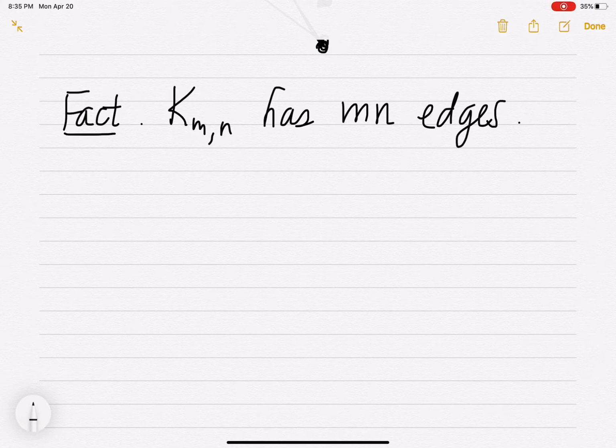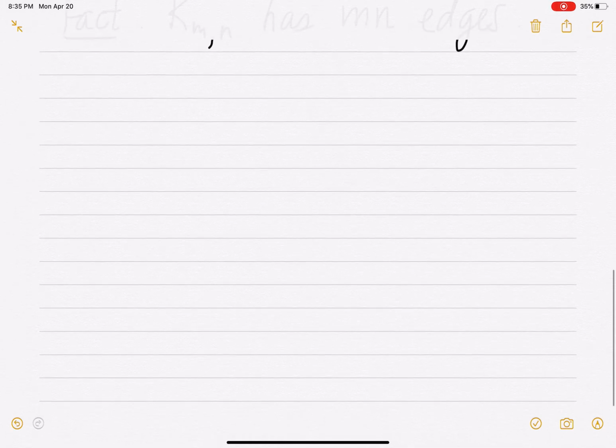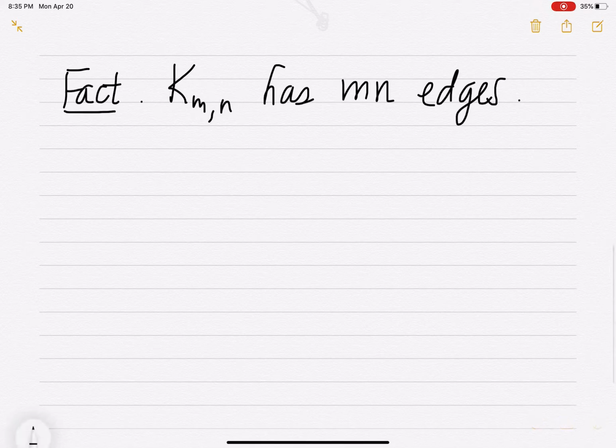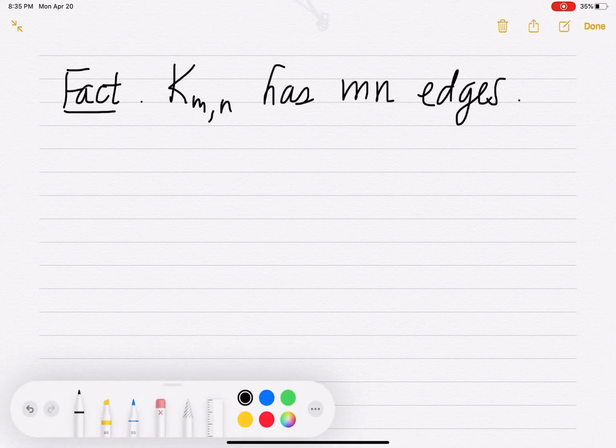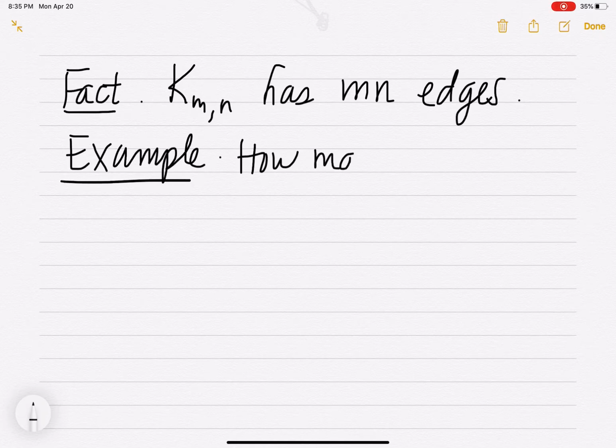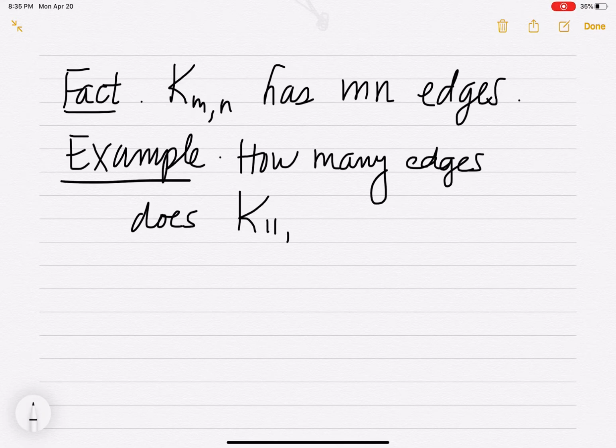All right, what else? Let's just follow this up with an example. How many edges does K_{11,10} have?